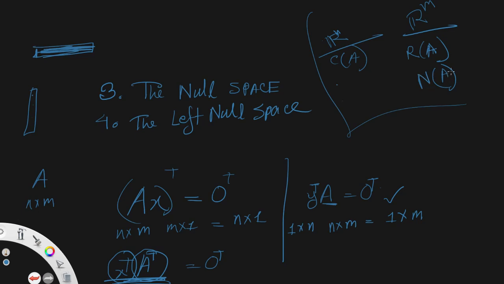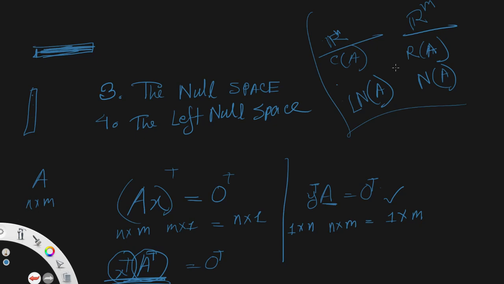So the null space of matrix A, and we have got the left null space of the same matrix A. Okay, so the row space of the matrix A belongs to Rm. The null space of the matrix A, if you recall from the last lecture, also belongs to Rm. So these two subspaces are subspaces of Rm. These two fundamental subspaces are going to be the subspaces of Rn. And there is a very interesting relationship here.